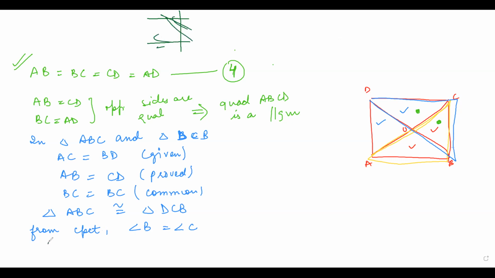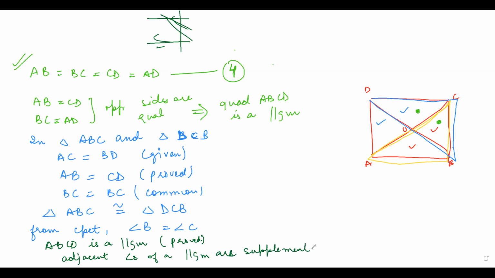Or just forget it. We know that ABCD is a parallelogram, right? Already proved. So there's a theorem that adjacent angles of a parallelogram are supplementary. Is that clear? That we have learned, right? So if I take this angle and this angle, they are adjacent angles, one after the other.